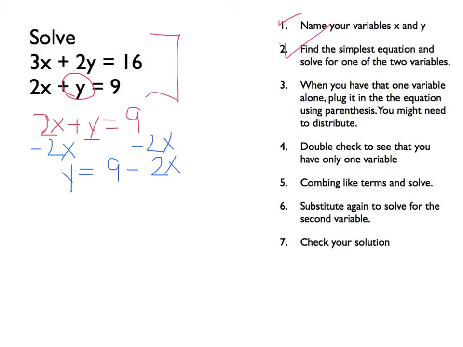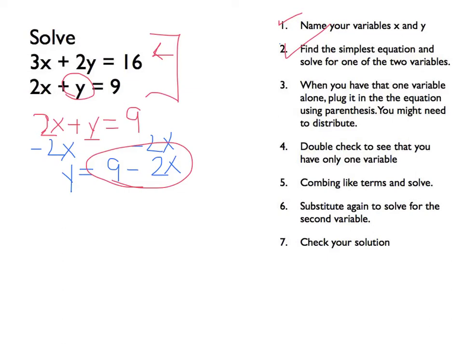Now we're going to go back and use this equation up here. So let's go ahead and bring in the y, 9 minus 2x, instead of the y in the equation. So this gets a little tricky.